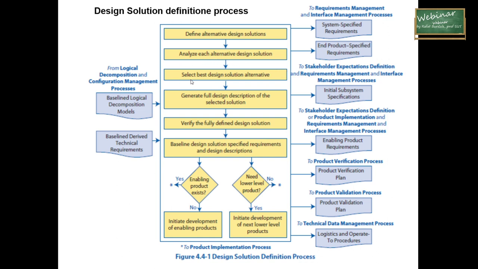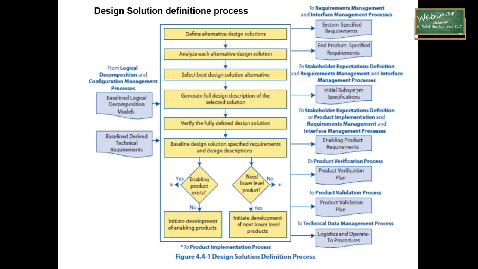The next one is to select the best design solution. After analyzing a few alternative design solutions, you should choose the best one, of course, according to the business strategy of the corporation or the main task of our product. Then we have to generate a full design description of the selected solution. As the input, you should use the baseline logical decomposition model, and as the output you should have the initial subsystem specification.